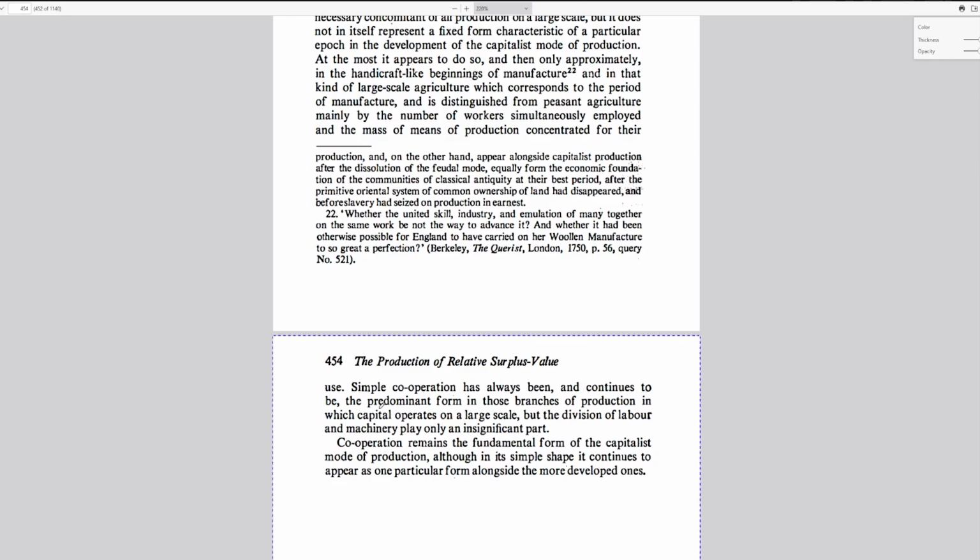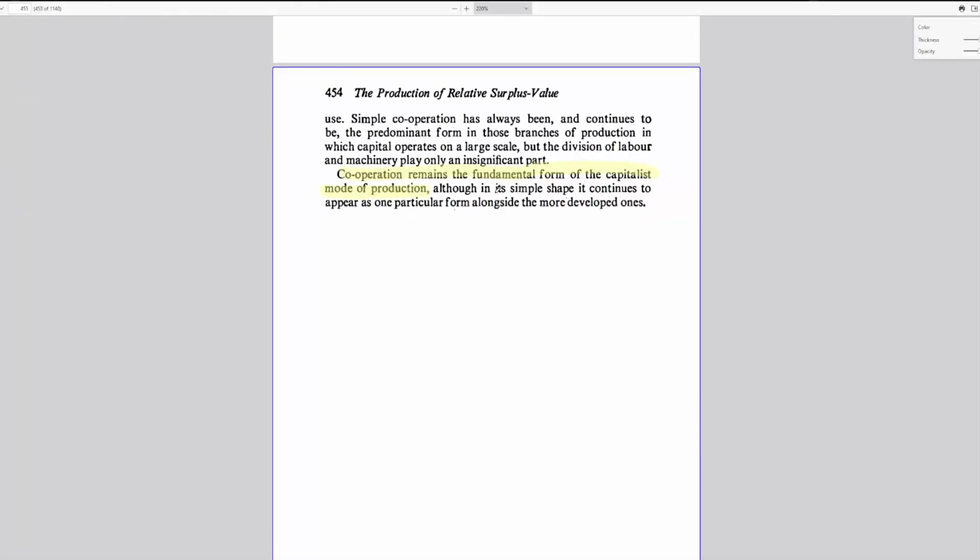But he does mention here, I think at the end, right, that cooperation is the fundamental form of the capitalist mode of production, although in its simple shape it continues to appear as one particular form alongside others. So he's basically saying that cooperation is one of those funny, well, I guess it is kind of the basis of another contradiction of capital.